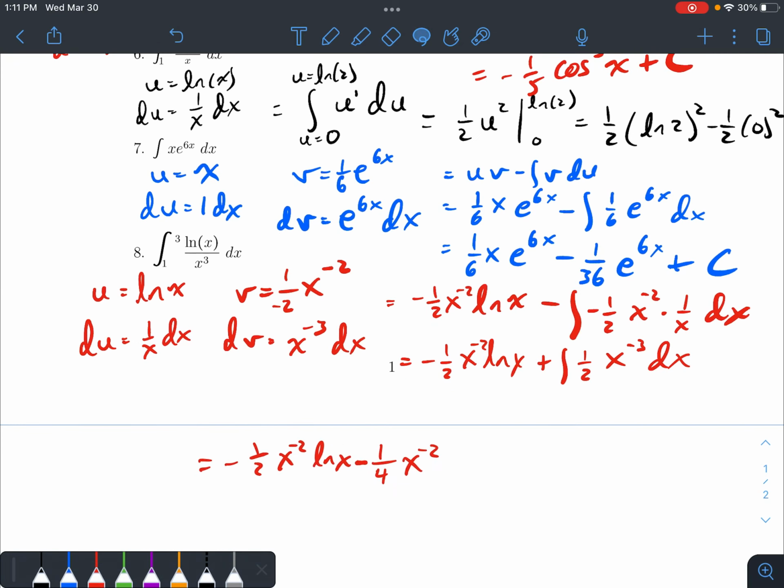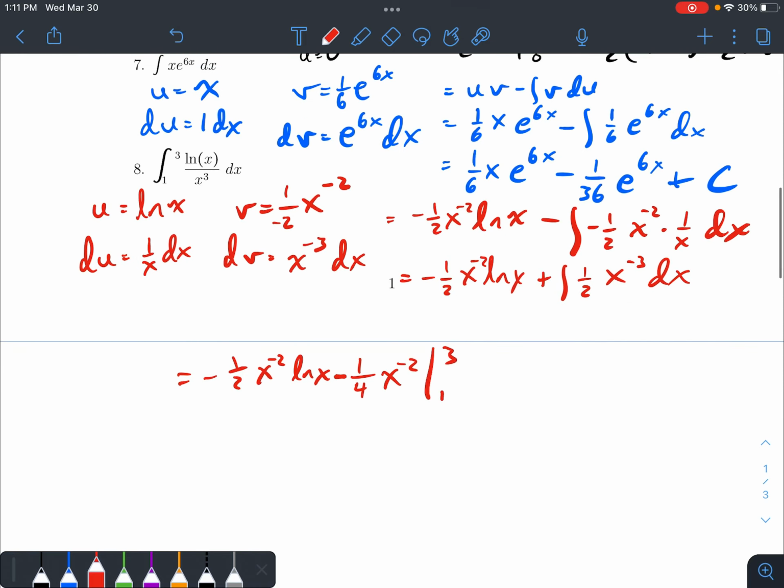And then we're doing this as a definite integral from 1 to 3, so let's do that. So we plug in 3. By the way, if we have just x to the -2, that's the same as 1/x squared, so I'm going to write this as that.